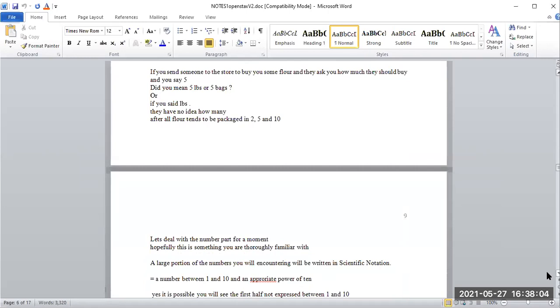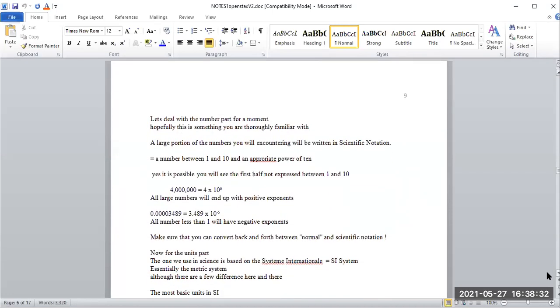And yes, I have bought 25 or 50 pounds of flour at one time occasionally. So if you give somebody a unit, say pounds, okay, but you don't tell them how many pounds, you're back to the same kind of problem. You need 2 parts for the measurement to actually make sense.